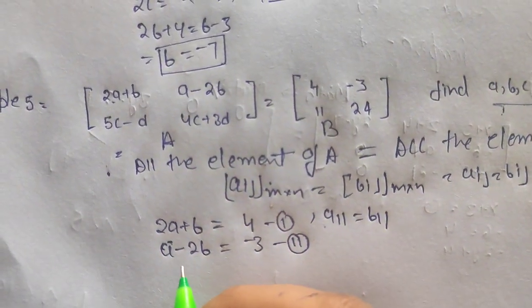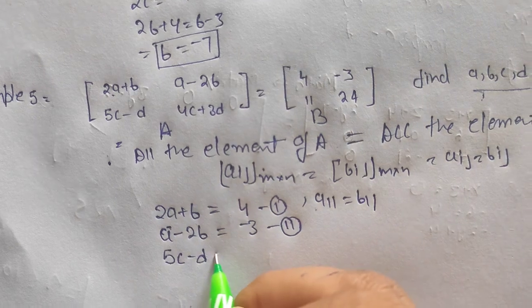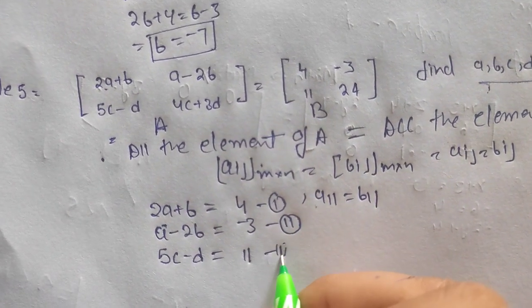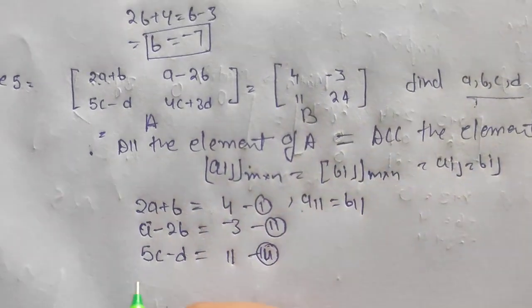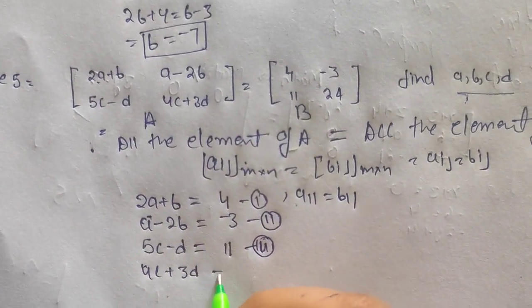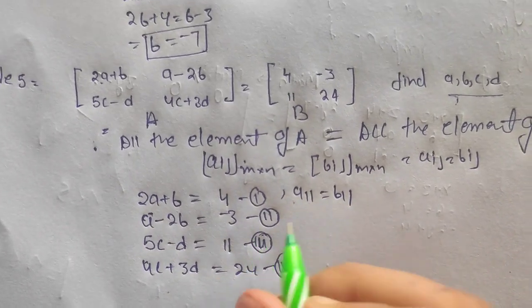These are equation 1 and equation 2. And 5c minus d becomes 11 in equation 3, and similarly 4c plus 3d becomes 24 in equation 4. So solving these we get the answer.